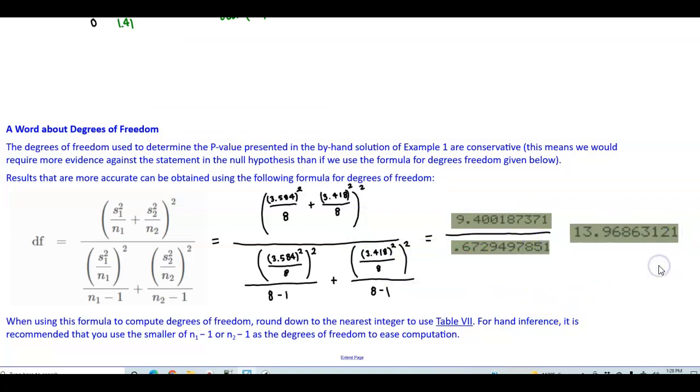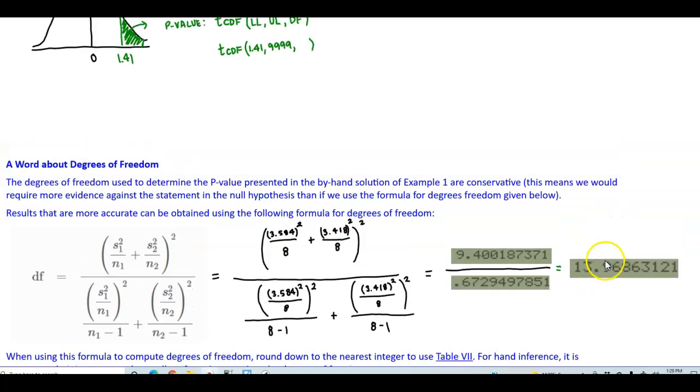All right, so the degrees of freedom is 13.9686321. Now, when using this formula to compute degrees of freedom, you round down to the nearest integer to use the table. For hand reference, it is recommended that you use the smaller of the degrees of freedom. But in this case here, we're going to round down to 13.